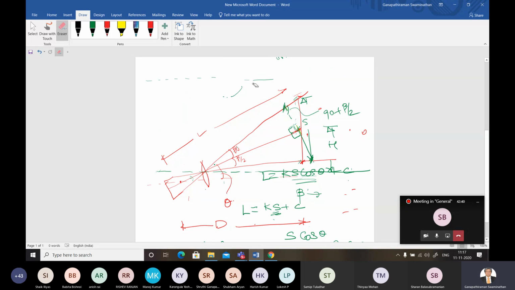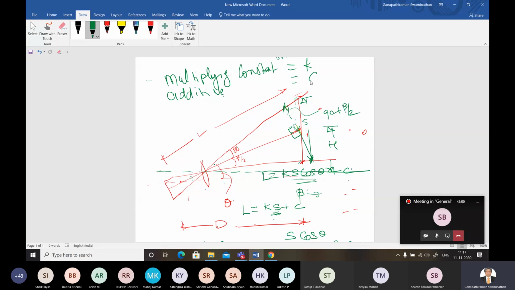Multiplying constant is equal to K, additive constant is equal to C. The K is normally 100, C is 0.10.